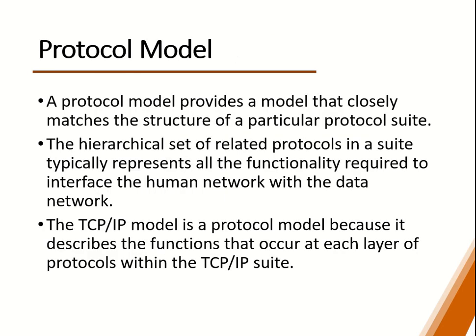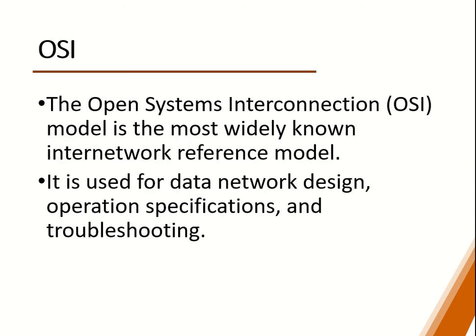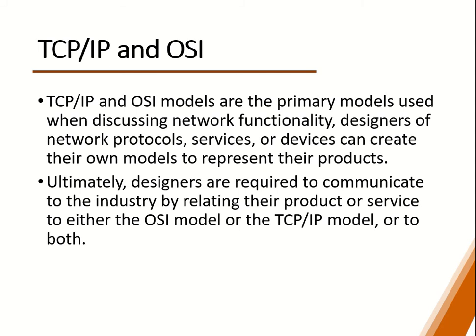So again, as mentioned, si reference model dili siya intended to be implemented sa atong workstation. But then si TCP/IP, kung tan-awon nato sa ato ang PC, makita diha nga TCP/IP. So, wait, akong ipakita ha.